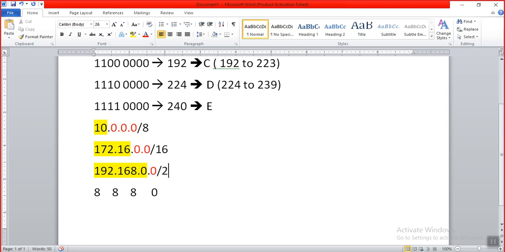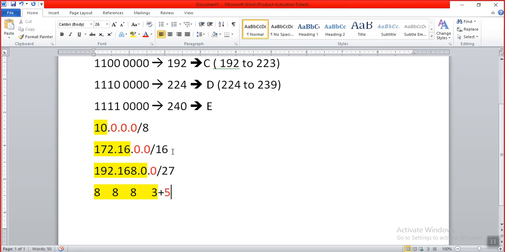Now, if I type 27, what is the meaning? This 8 bit is actually 3 plus 5. 24 plus 3 is 27. That means this portion is going to be used as a network, and this portion is going to be used as a host.